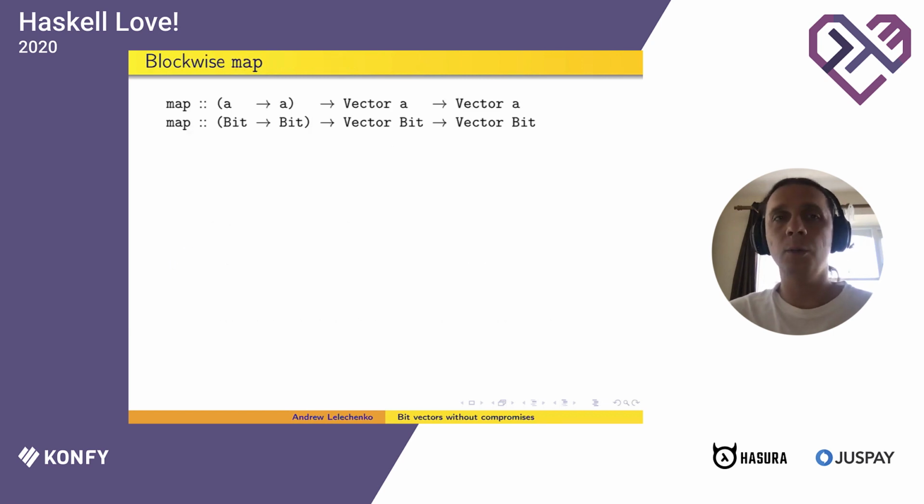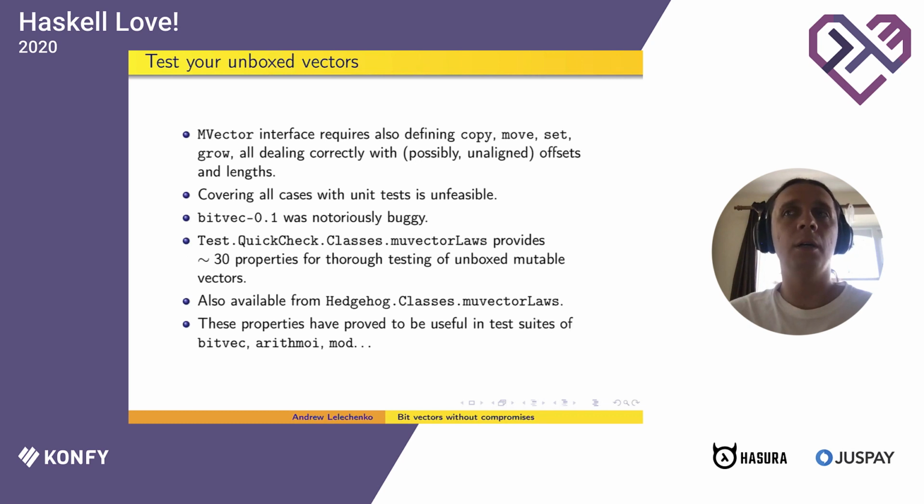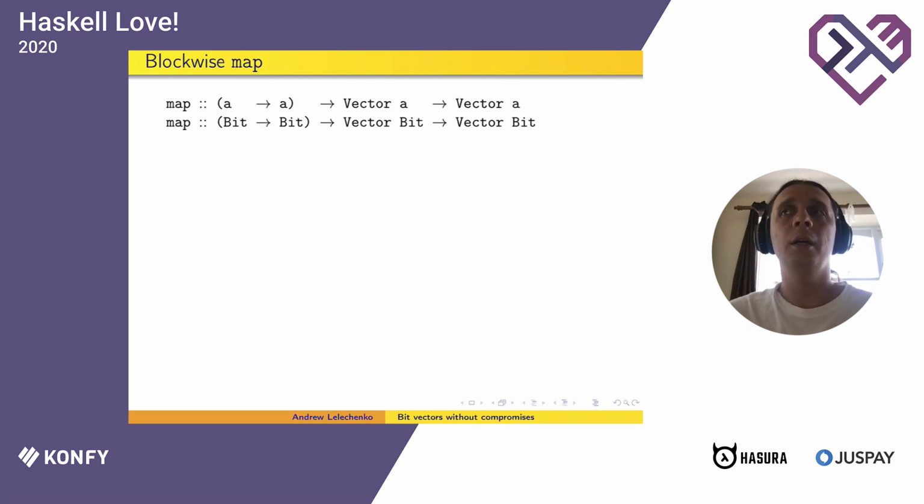So far, we covered our vectors. Now let's go for the bits interface. As I announced before, I would like to have some blockwise map function for my bit vector. The usual map function, which is provided by the vector package, operates element by element, one by one.